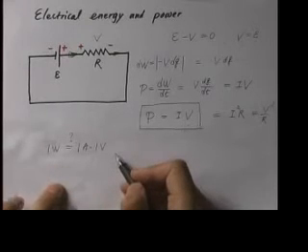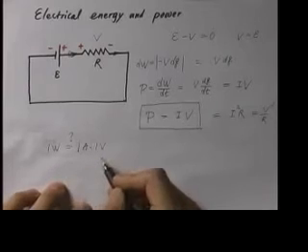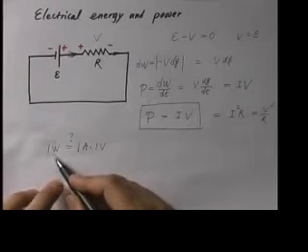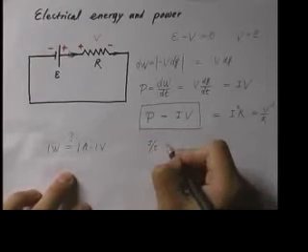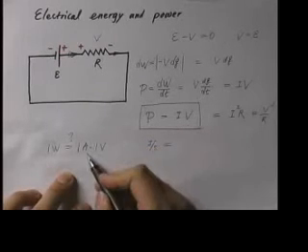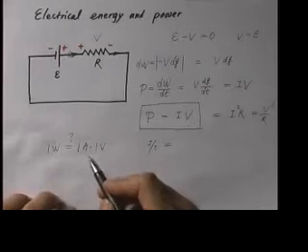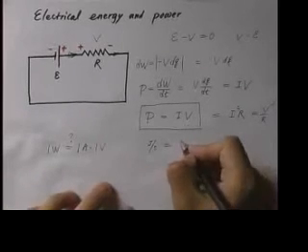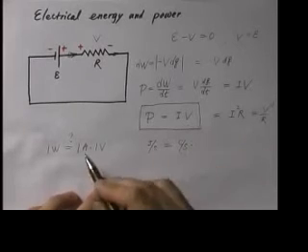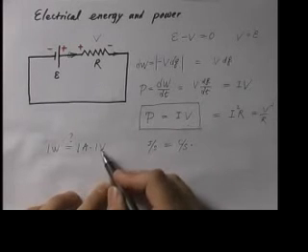Well, let's check if this is right. We rewrite 1 watt as 1 joule per second, right? Now, as far as amp is concerned, I'm going to rewrite 1 amp as 1 coulomb per second. That's the definition. And what about volt? Well, volt is related to electrical energy and charge, right?